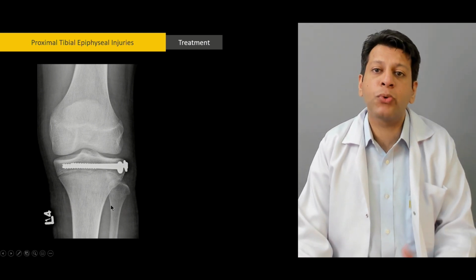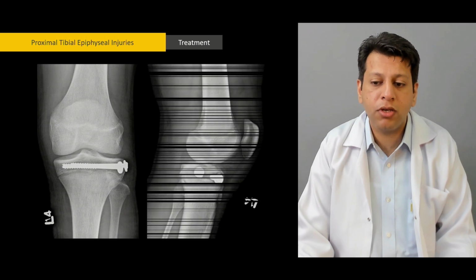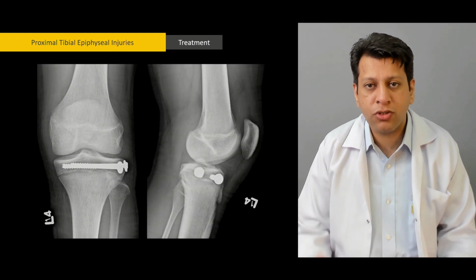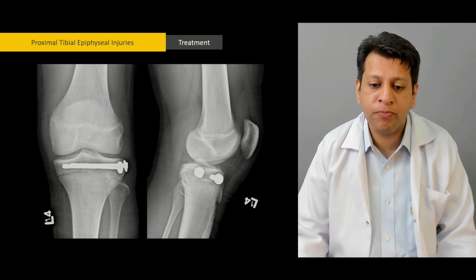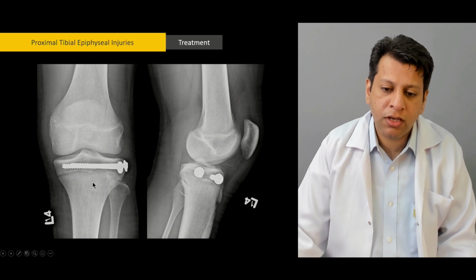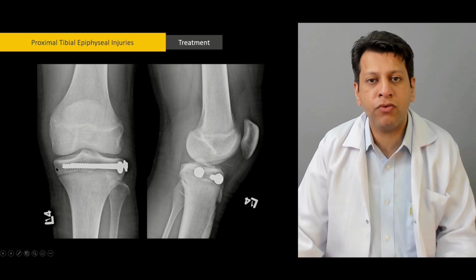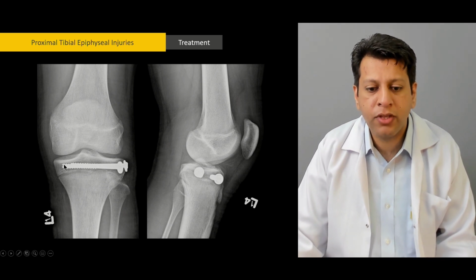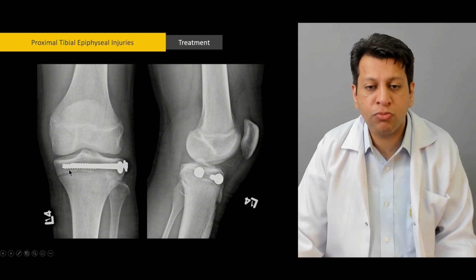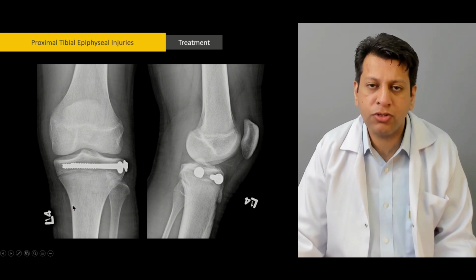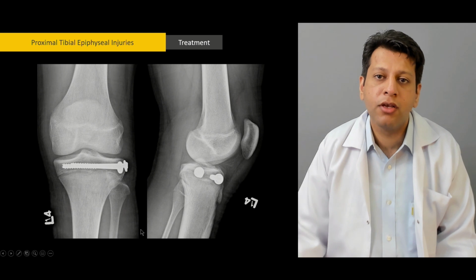So we need to protect the physes in children. Why? Because if the physis is not protected, it may get damaged. If it's damaged on the lateral side, for example, one problem would be limb length inequality. The other problem is that the medial physis would outgrow the lateral physis, leading to this kind of valgus deformity.